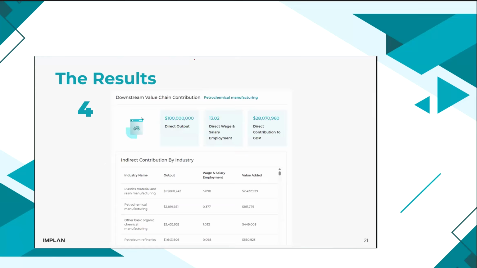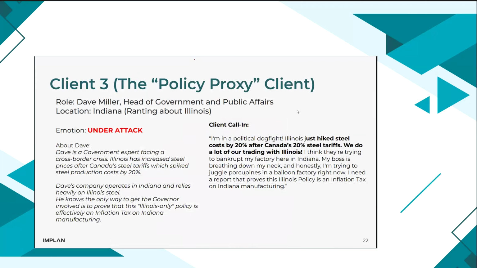To step back to the intuition of what Nadège brought up at the beginning: one of the things we like to say is that if you look at backward linkages and forward linkages combined, it gives you kind of a 360-degree view of economic impacts.